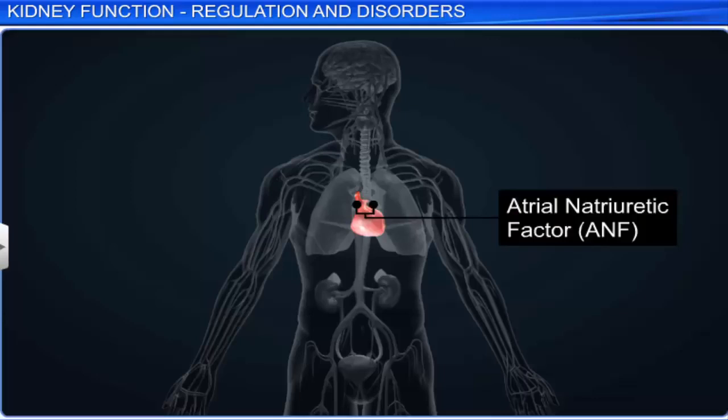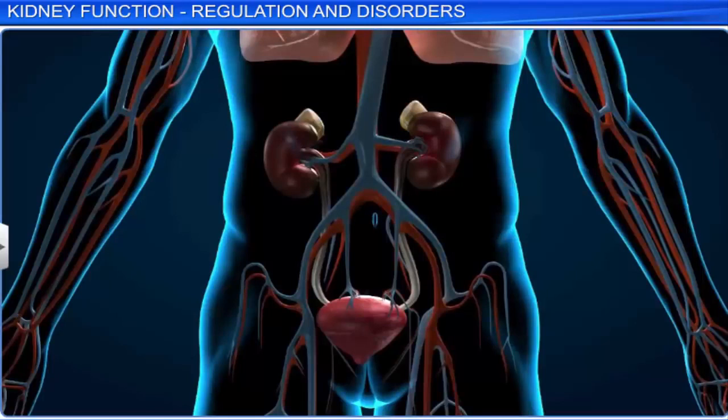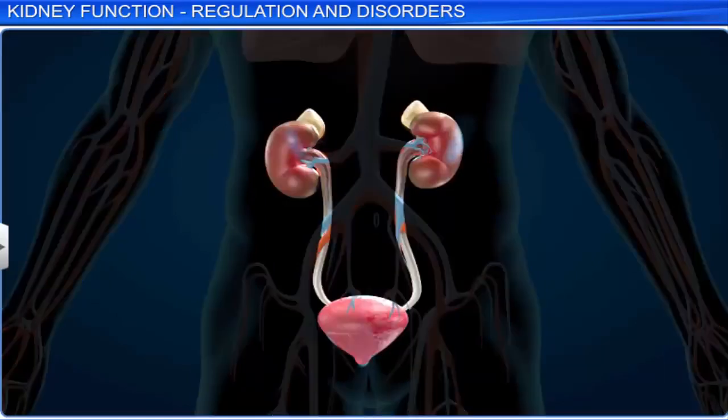ANF, a peptide hormone, is a vasodilator and also a diuretic that dilates the blood vessels and helps to decrease the blood sodium and water levels. It exhibits an inhibitory effect on the renin-angiotensin mechanism.